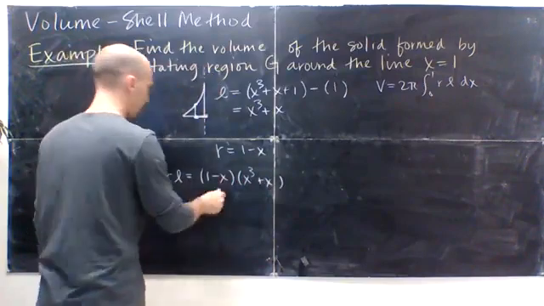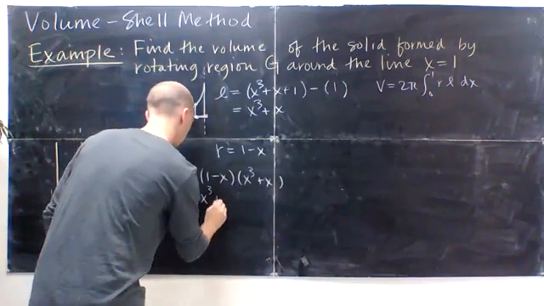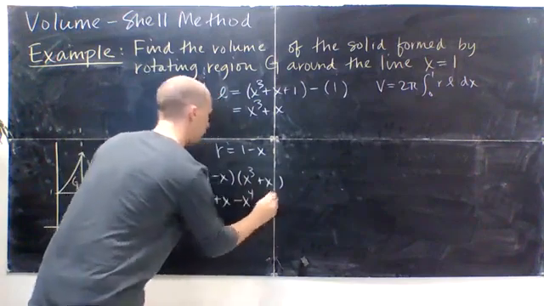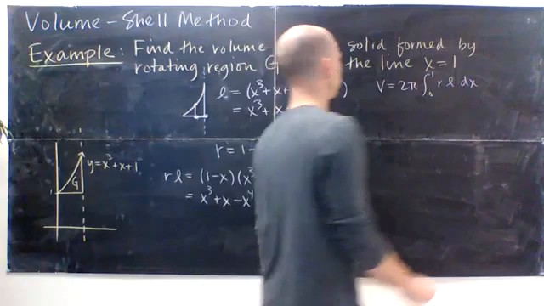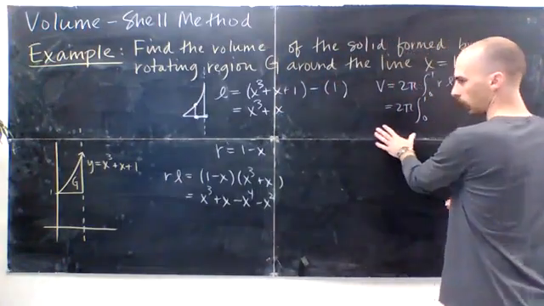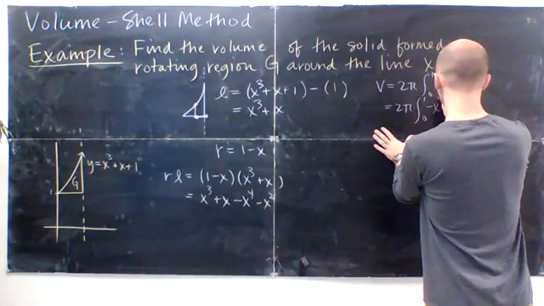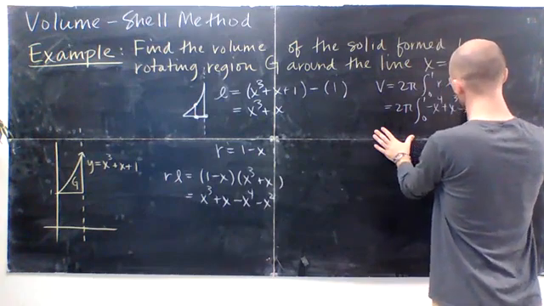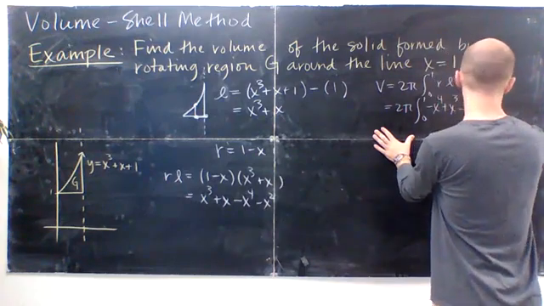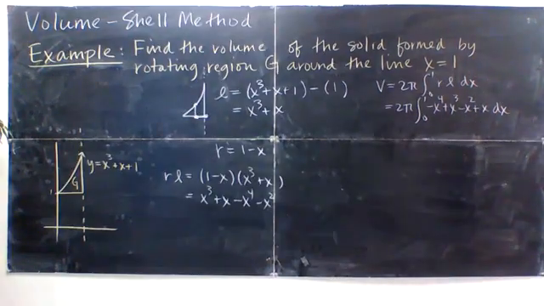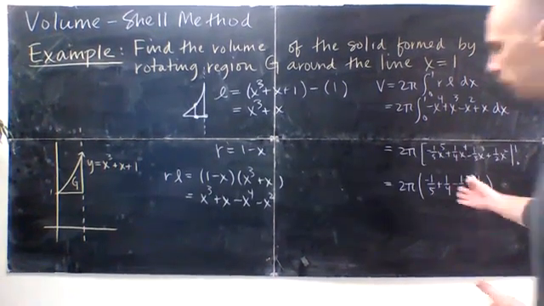So when I run 1 through it, I'll get x to the 3 plus x minus x to the 4 minus x to the 2. So negative x to the 4 plus x to the 3 minus x to the 2 plus x to the 1 dx. Okay, I'm going to just really quickly work that, and there you go.